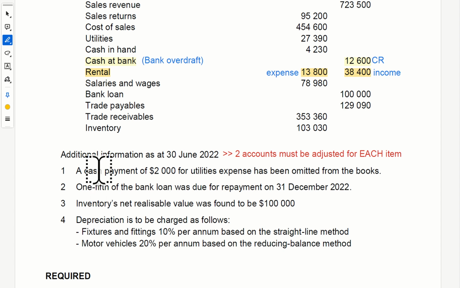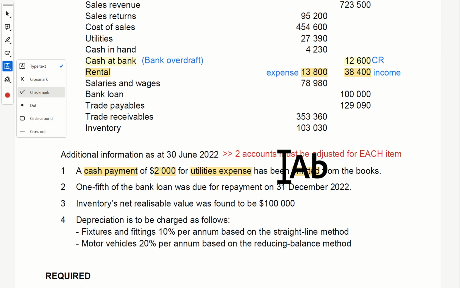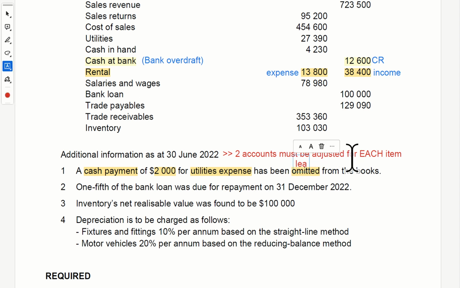The first one reads, a cash payment of $2,000 for utilities expense has been omitted. What does the word omitted mean? The word omitted means left out. And since it has been left out, we will have to adjust it now. So firstly, it's a cash payment.